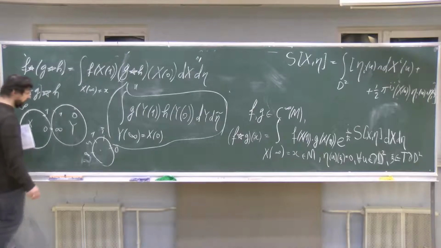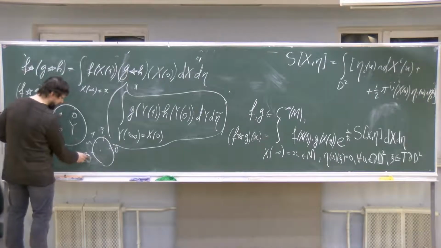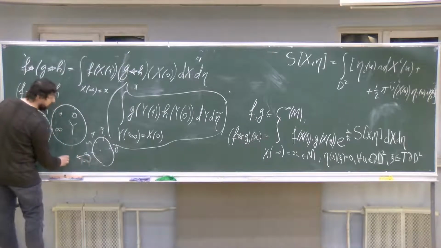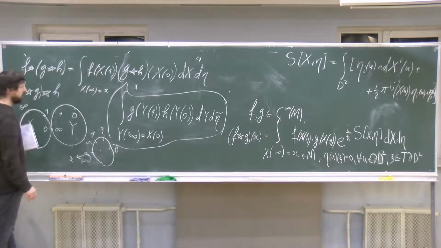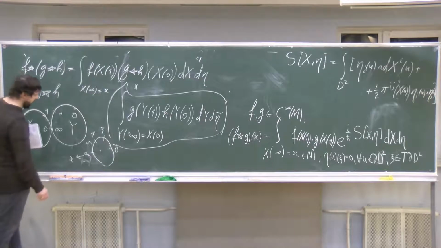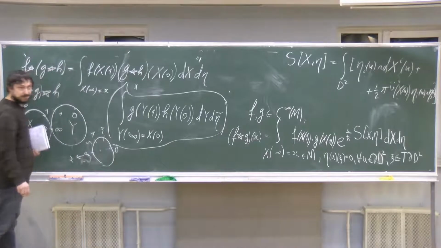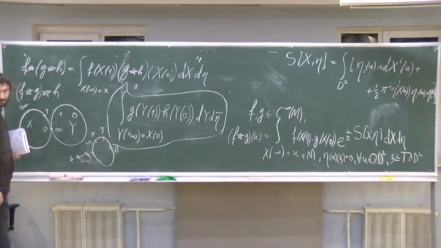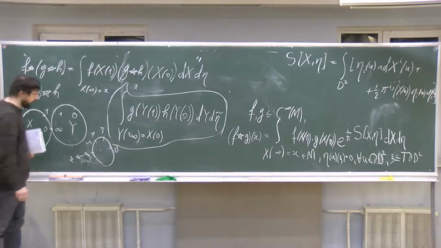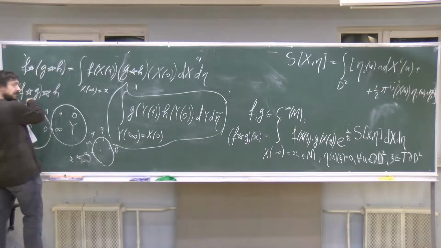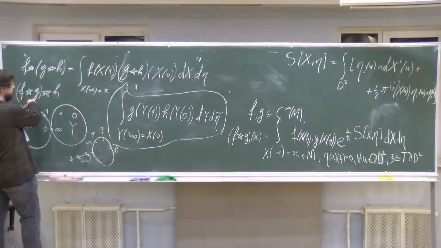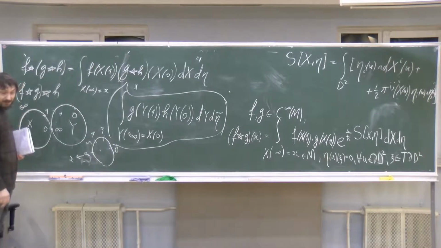You need to integrate over all maps which send this point to x, right? And we need to integrate over all possible positions of these points, more or less, right? But if you take this construction, it would also be equal to the integral over the same kind of configuration.